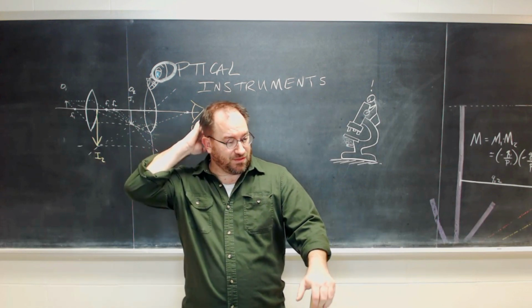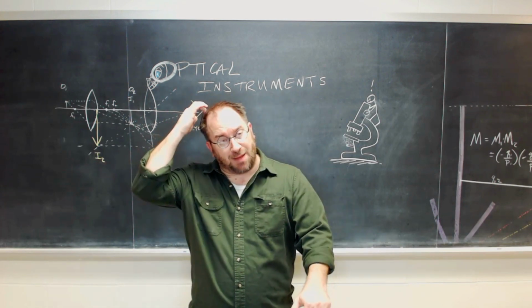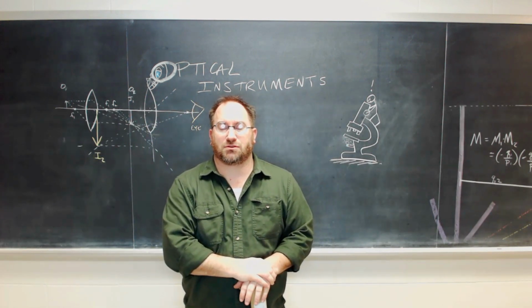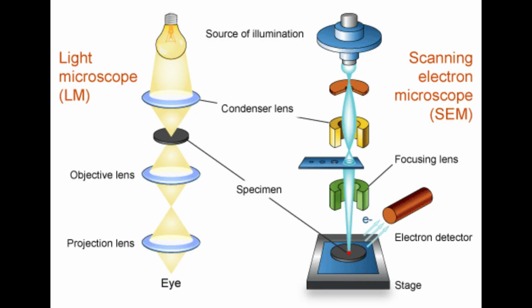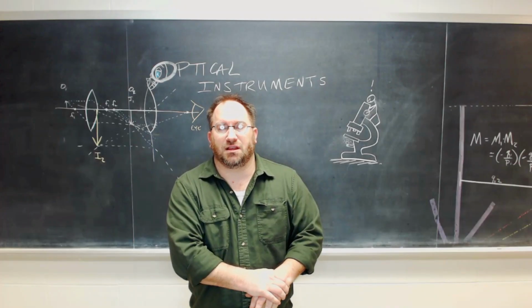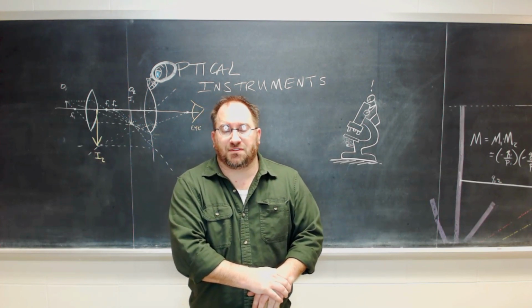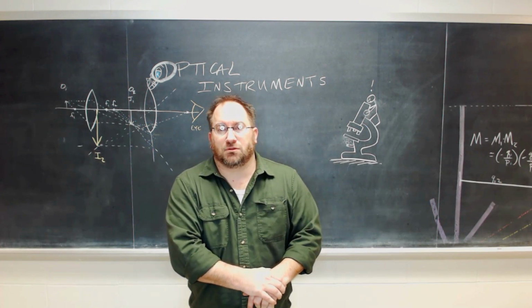It's important to be aware that something coming up, now that you guys have finished the optics sequence, you want to be aware of something called the scanning electron microscope, which you can see here. The scanning electron microscope is very similar to an optical microscope in the fact that it does use bending of beams and rays in order to form an image, but in this case it uses electric fields to bend beams of electrons to get higher resolution, because the electron is much smaller than the size of an atom, whereas light is on the order of the size of an electron and makes a very poor optical sensor.